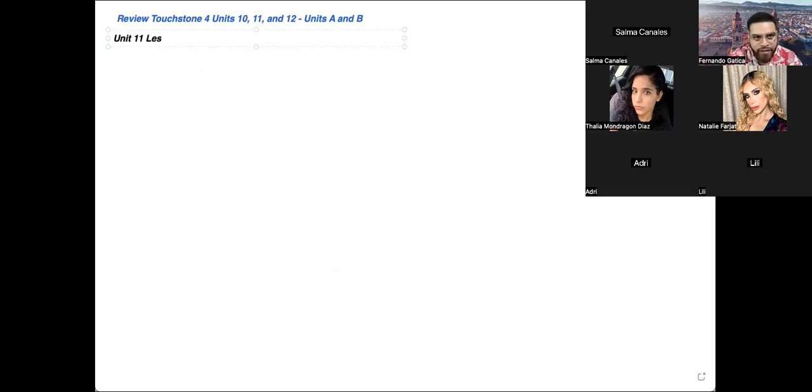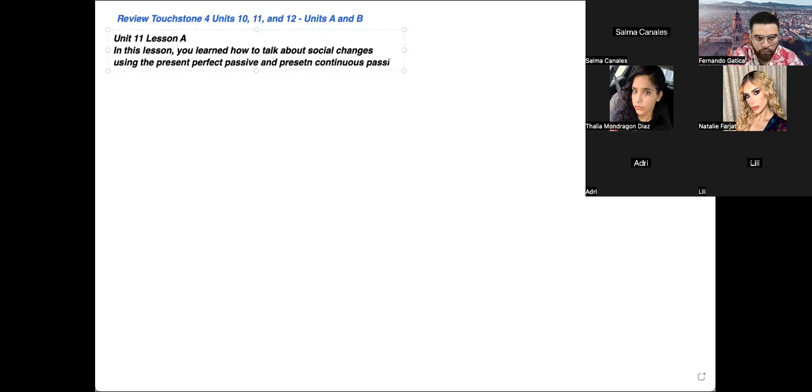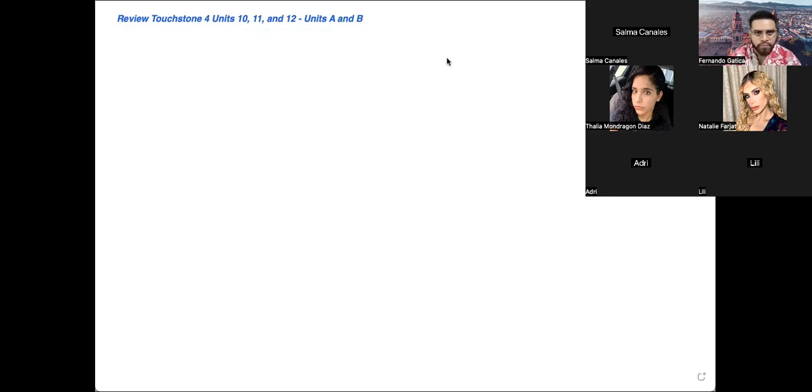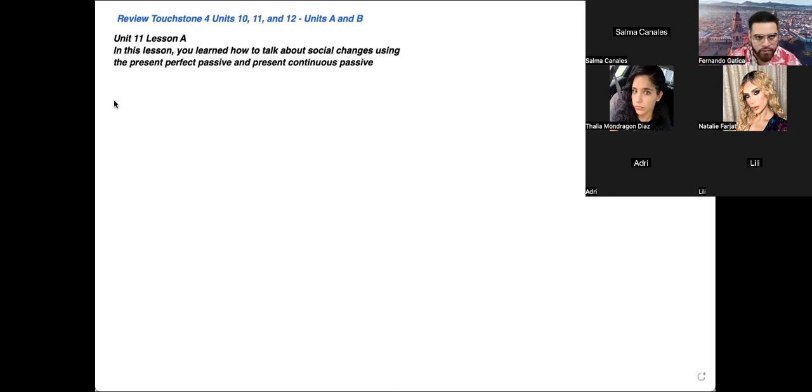Unit 11, Lesson A. Let me give you some examples of this right here. They have been destroying the forests.